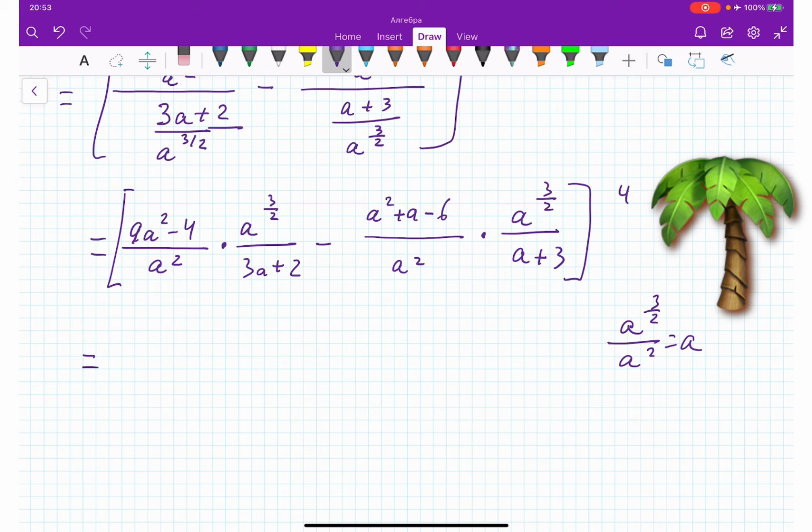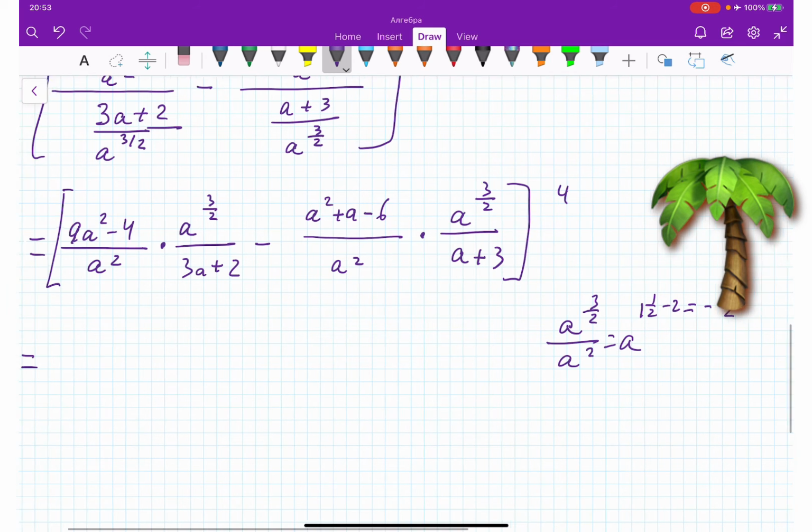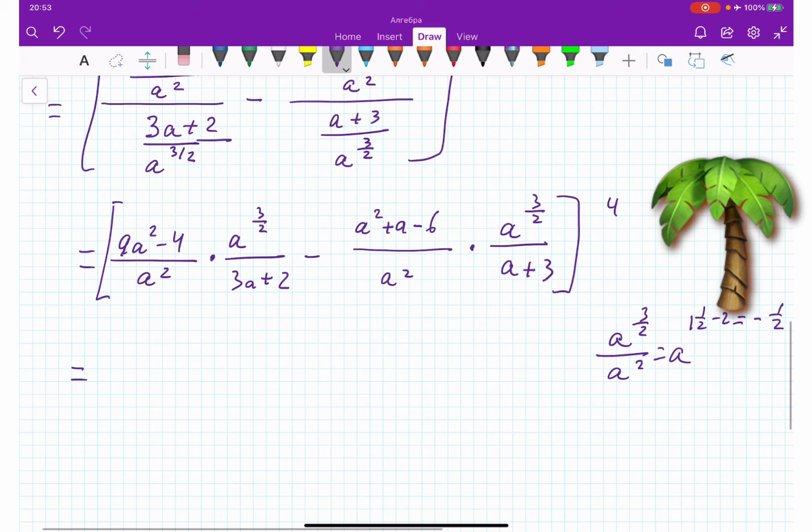It's going to be a to power 3 over 2, which is 1 and 1/2, minus 2. It's going to be equal to negative 1/2. So negative 1/2, this will be gone. Here we will have negative 1/2.